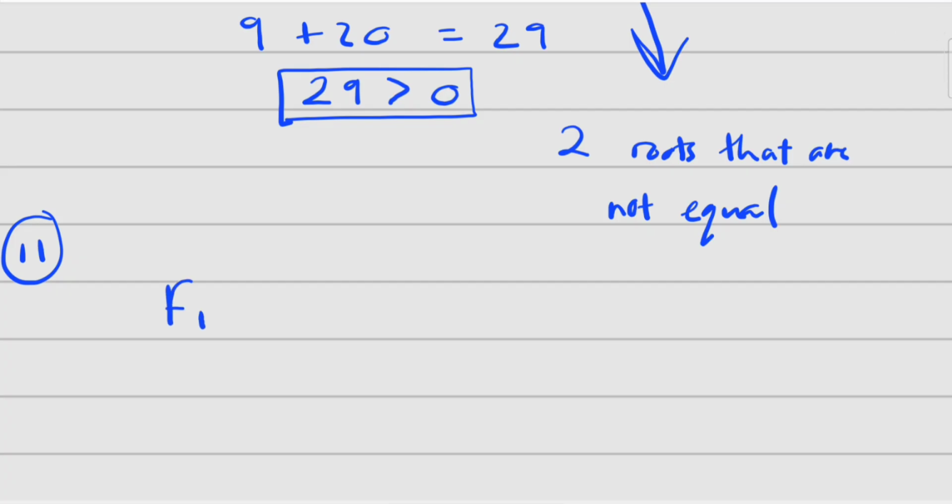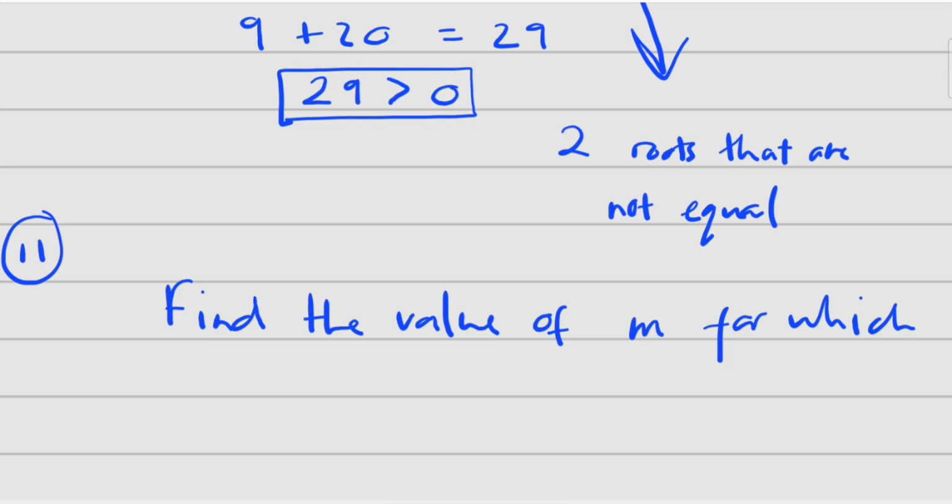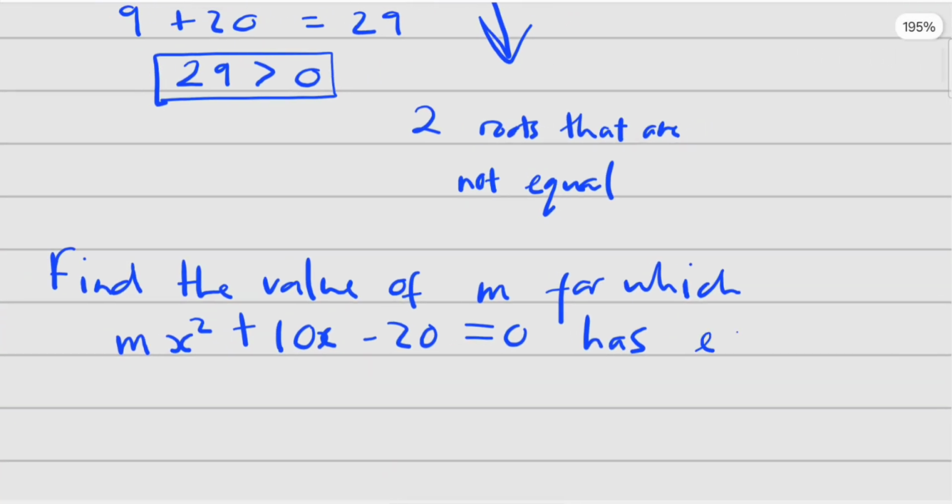It says find the value of m for which mx squared plus 10x minus 20 equals 0 has equal roots.